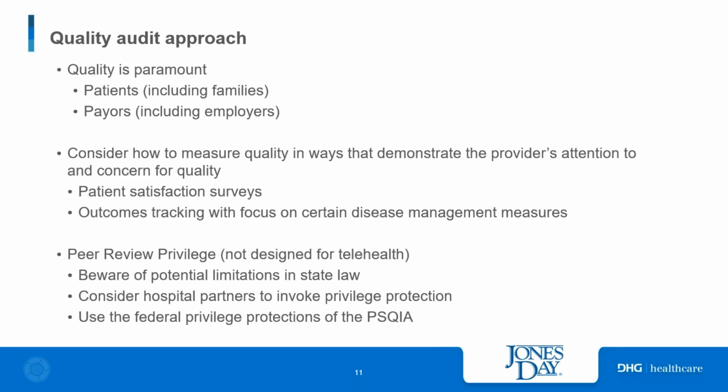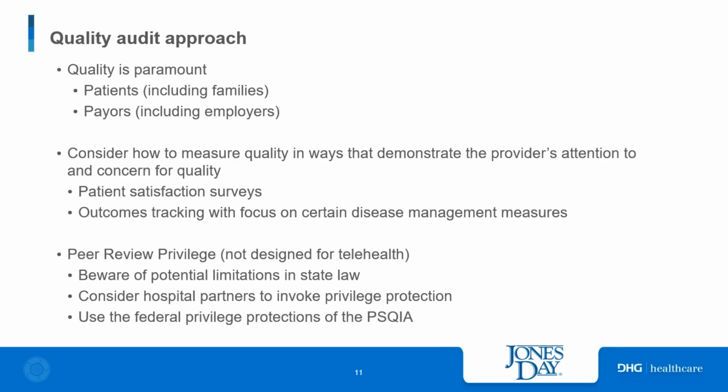So in those states, physician practices routinely will partner up with hospitals who have the privilege protection, and they look to hospitals and patient safety departments, et cetera, for help with that to avoid that information being discoverable in a malpractice case.